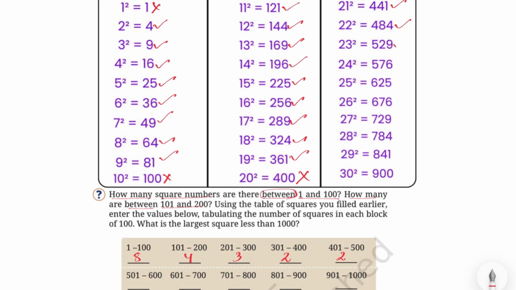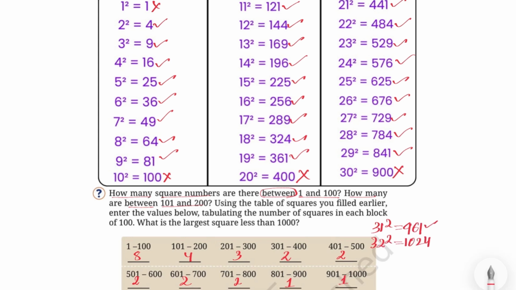Between 501 and 600, there are 2 square numbers. And between 601 and 700, there are also 2 square numbers. Between 701 and 800, 2 square numbers are there. Between 801 and 900, 1 square number is there. And between 901 and 1000, it's 1. So 1 square number is there.